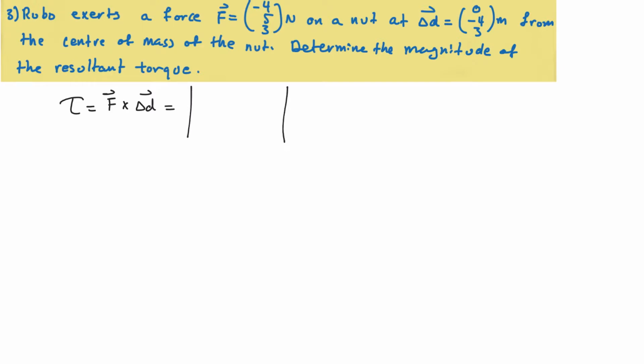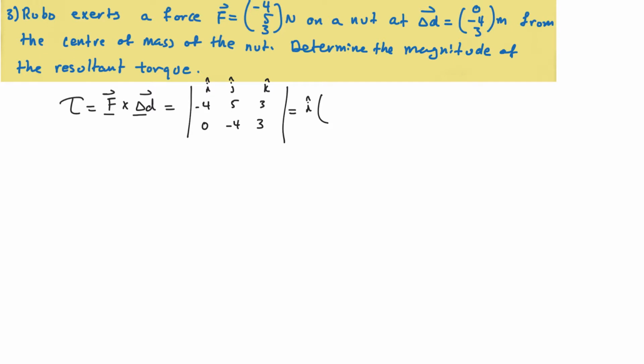First, to find the cross product, we're going to take vectors i, j, and k. For force, my components are 4, 5, and -4, and my delta D's components are 0, -4, and 3. So then I will have i.